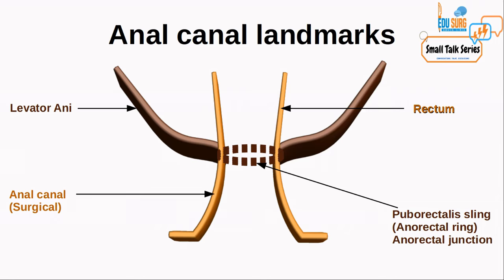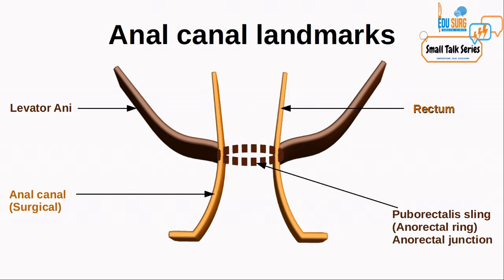This commonly seen figure in our textbooks is an oversimplified version where the rectum becomes the surgical anal canal below the levator ani, which is also identified in per rectal examination by the anorectal ring or the puborectalis sling which forms this ring, and this area is known as the anorectal junction.